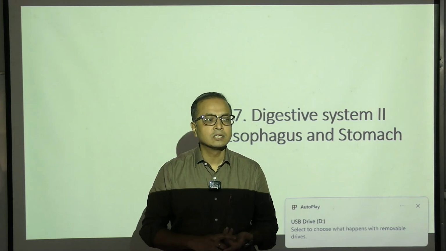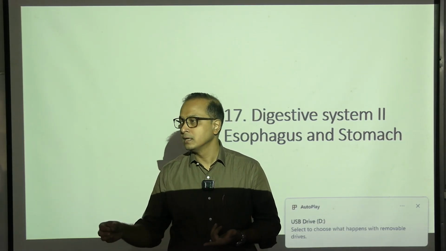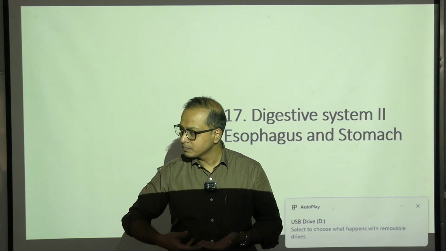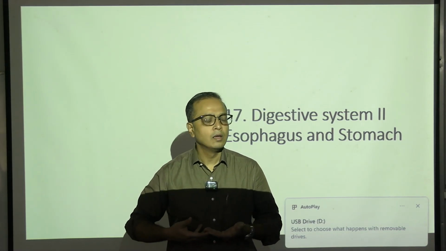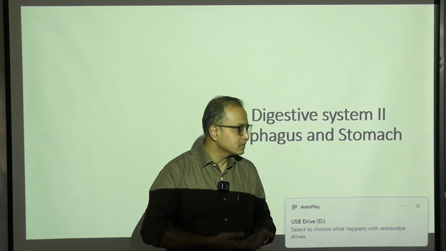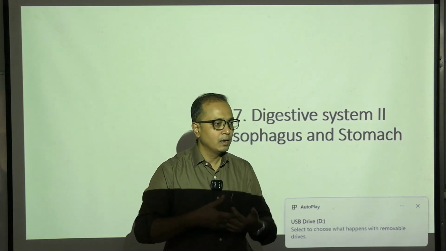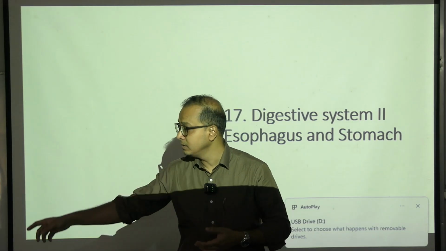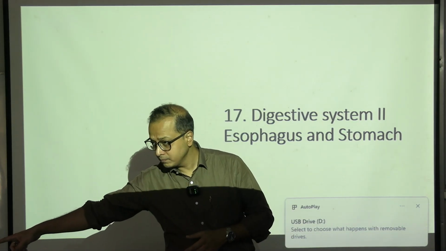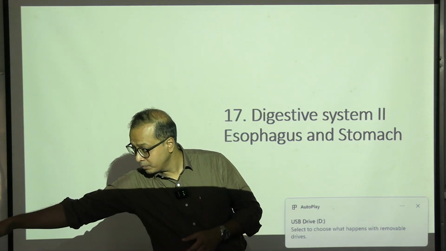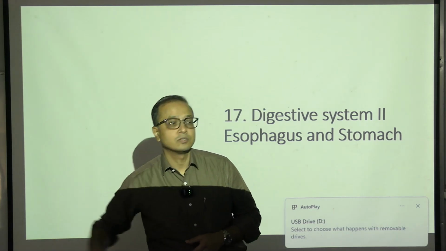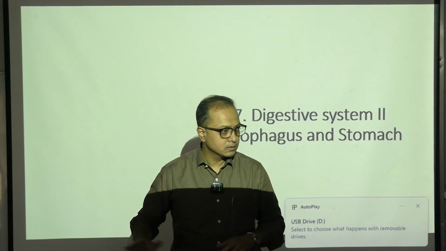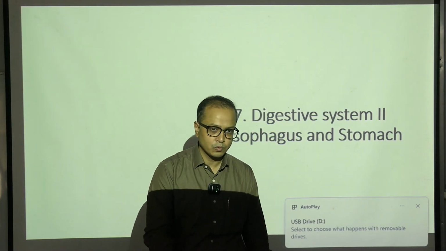We call it muscularis mucosae. It lies under the lamina propria and moves the carpet layer, the mucosa. So the mucosa consists of 3 components: epithelium, lamina propria, and muscularis mucosae.